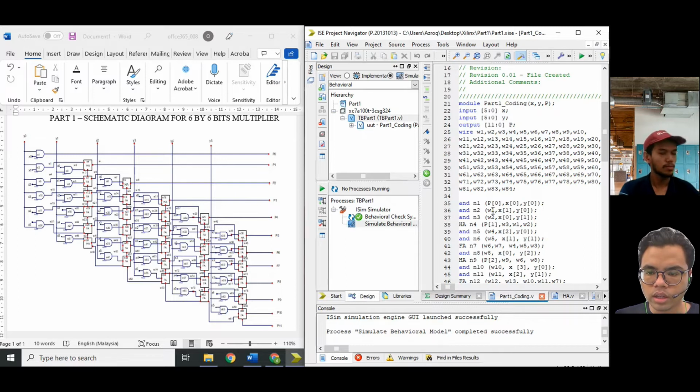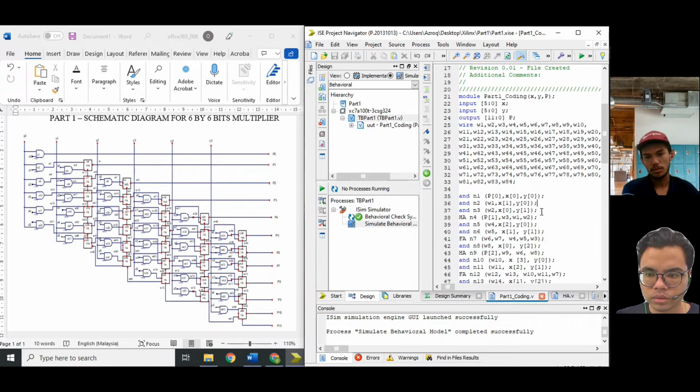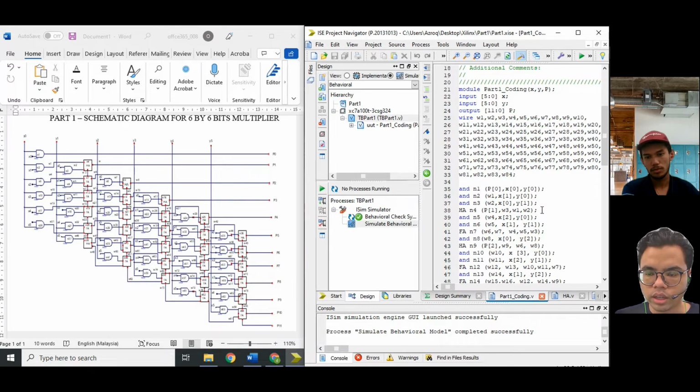For the next AND gate, the output is W1 and the inputs are X1 and Y0. For the next AND gate, the output is W2 and the inputs are X0 and Y1.